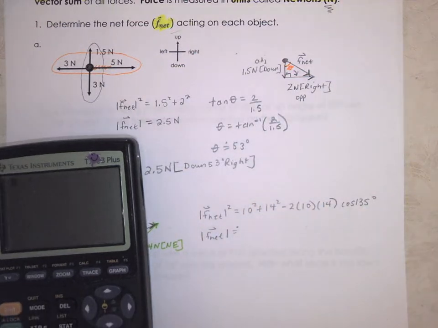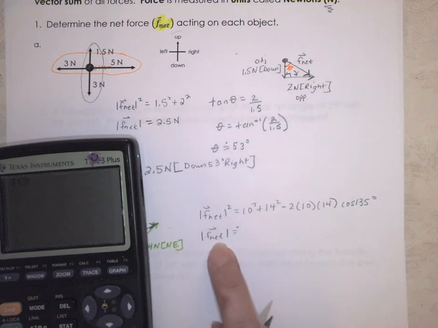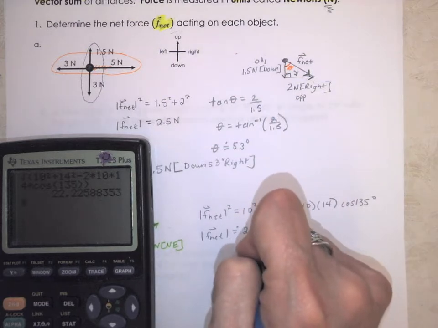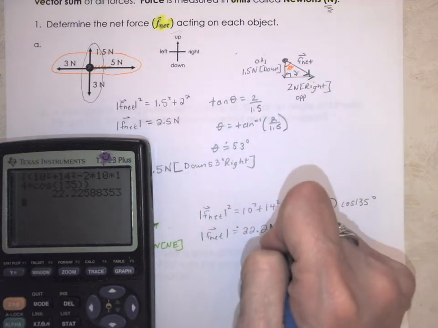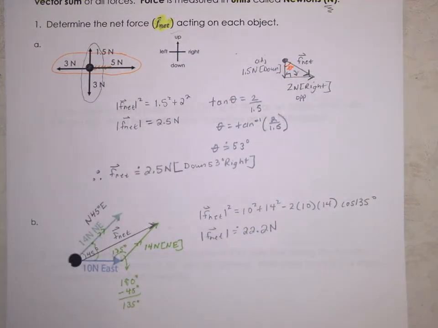I'm going to do square root of, because I have to square root this side to get from F net squared to just F net. 10 squared plus 14 squared minus 2 times 10 times 14 times the cosine of 135. Closing bracket gives me approximately 22.2 newtons. Remember, the units of force are newtons.